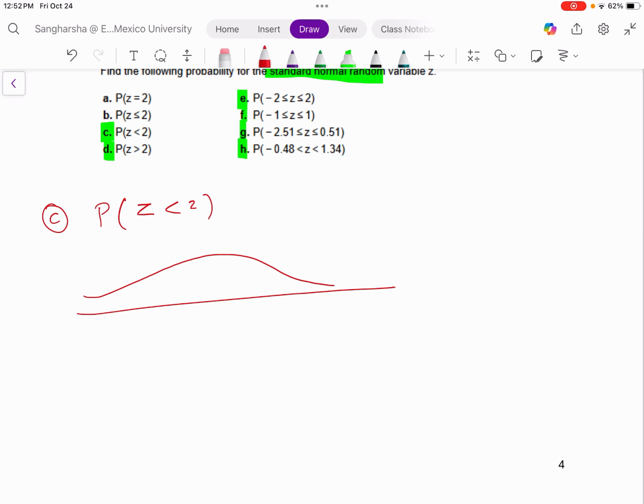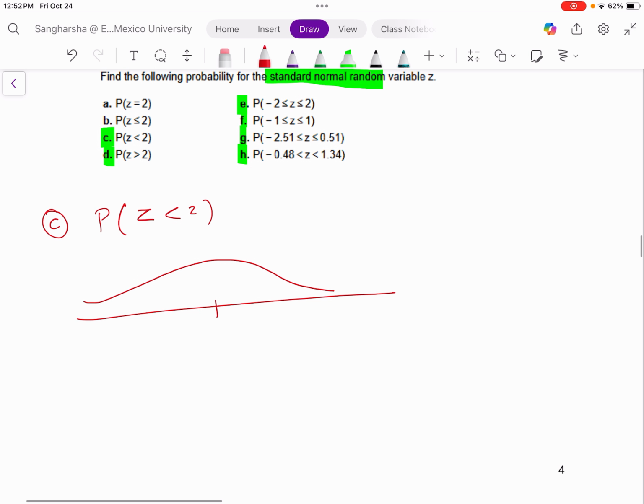Our mean for the standard normal random variable is always 0, so we locate 2. Let's say our 2 is somewhere here, and we want to find the probability that our G is less than 2. G less than 2 means everything on the left of 2. So this is what we want to find.